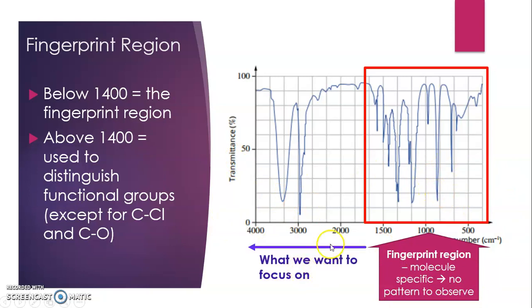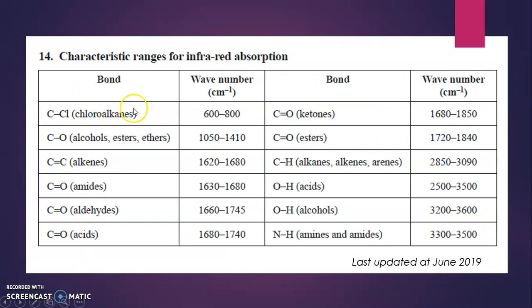What we want to focus on is the part at higher frequency, because there we have fewer absorption bands, so we are able to identify them when we see them. Our data book presents a list of absorptions for different bonds, and it even distinguishes the same carbonyl group, the carbon-oxygen double bond, in different environments.